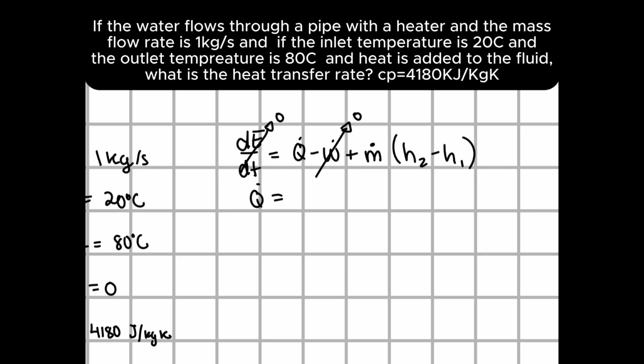Because of the minus sign, we can switch h2 and h1, so we have m dot times h2 minus h1. Perfect, this is the setup that we have.